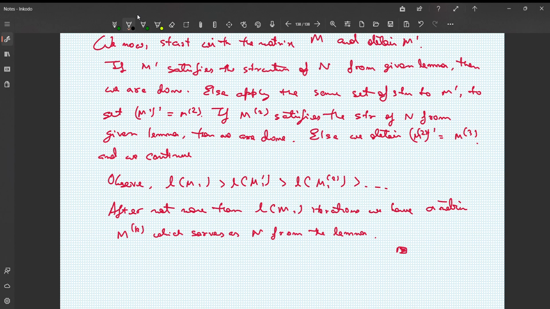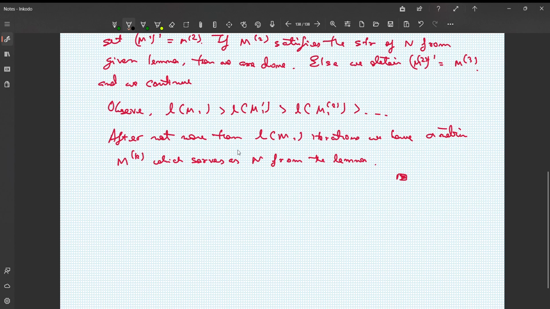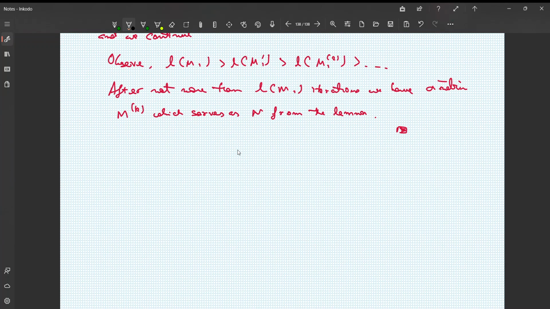Now, as said in the previous lecture, we will only prove those statements which are important in calculating the algorithm to calculate the invariant factors. We are not going to focus on the proofs of the other theorems, but we are obviously going to discuss them. So if we come to the next theorem, which is also quite analogous to what we had studied in the case of scalar matrices.